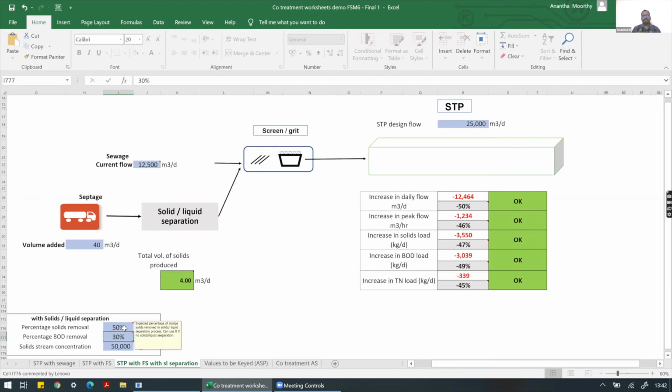It doesn't need another level of digestion or anything else. So that mode of selection of technologies is up to the practitioner and what is feasible and locally available.